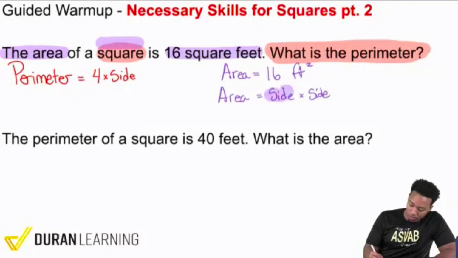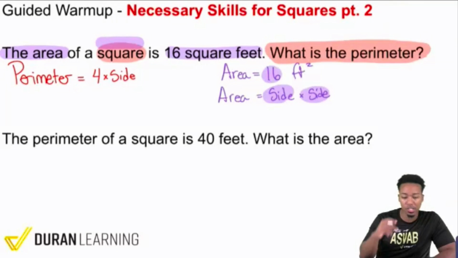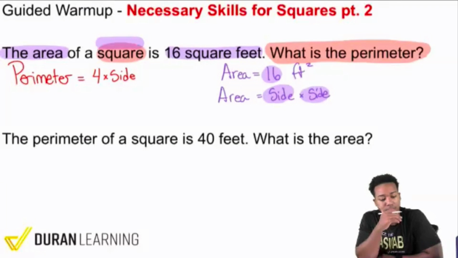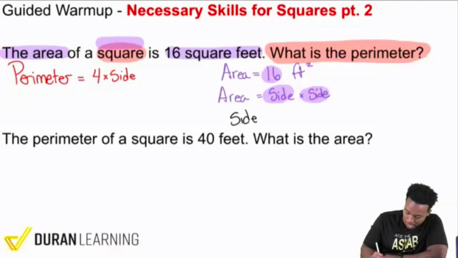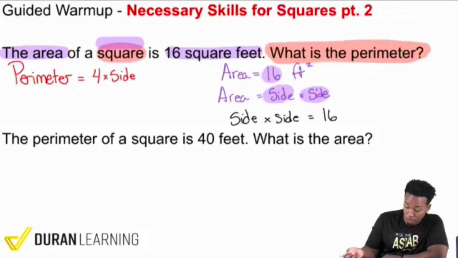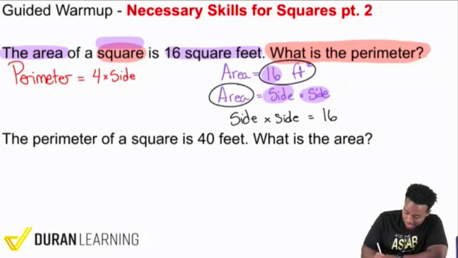What number times itself is going to give you 16? Everybody agrees 4? 4 times 4, is that 16? Yeah, cool. So if the area is the side times side, here's how you could write it, everybody. Side times side, in this problem, is supposed to be 16, because remember, the area is 16.